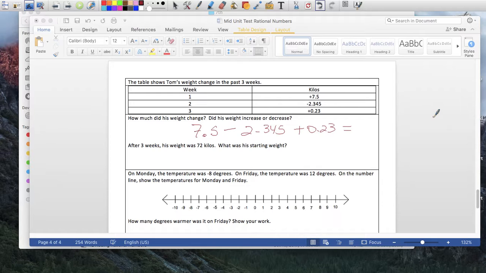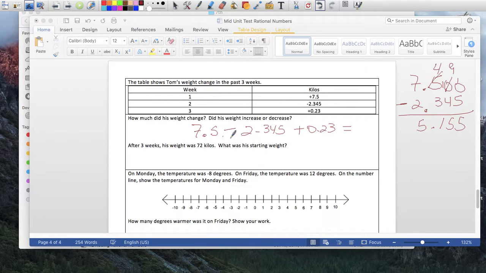So let's see what happened. So 7.5 minus 2.345, put a dot here, a 0 and a 0. Subtract, so this is going to borrow, that's going to become a 10, that's going to become a 9, that's going to become 10 minus 5 is 5, 5, 1, 5.